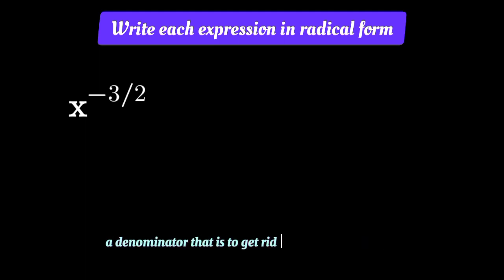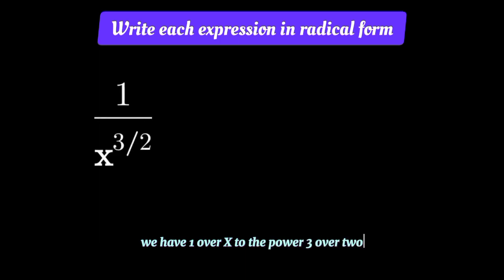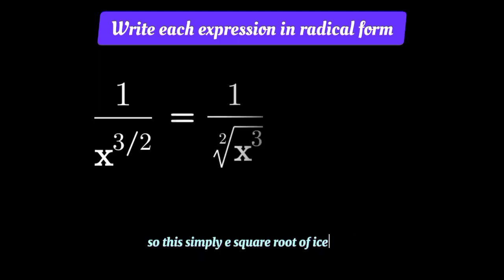That is to get rid of the negative power. So when we do that, we have 1 over x to the power 3 over 2. So we have to solve the denominator and convert that into a radical form. We have 2 as the index number, so this is simply the square root of x cubed.